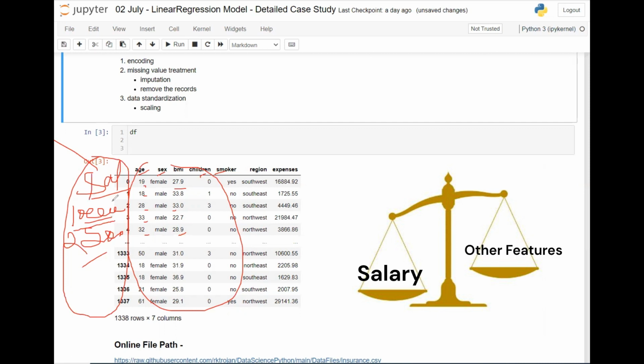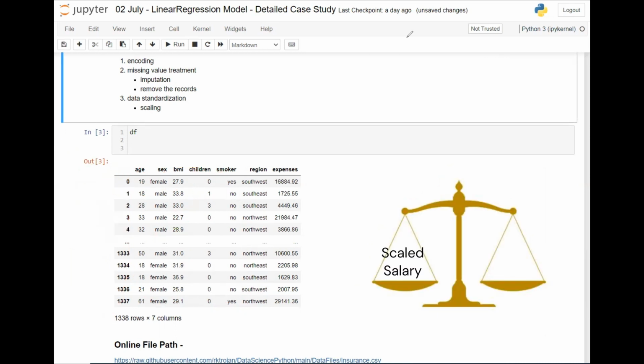So what we need to do is divide all the salary values by, let's say, 1 million or 1,000, so that salaries will be on the same scale as the other values. Scaling is a very important thing that you should understand.